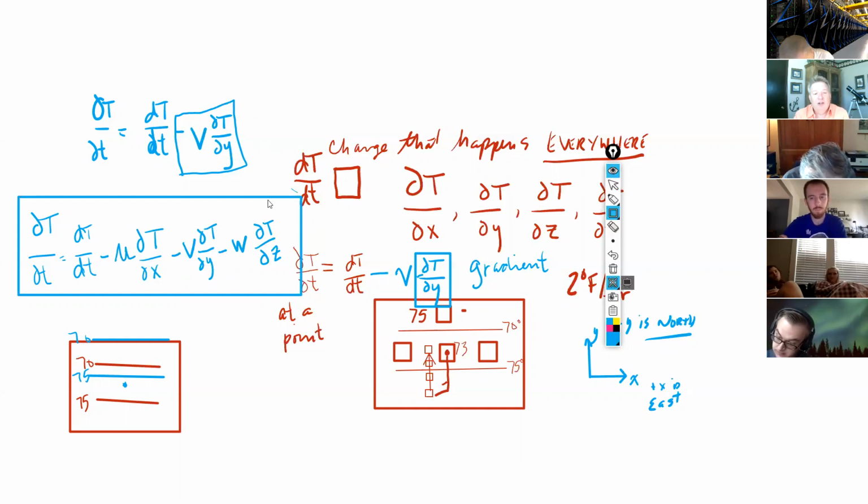By the way, notice that the vertical temperature gradient is actually nothing more than a lapse rate. So W ∂T/∂z is the lapse rate. Well, ∂T/∂z is the lapse rate. You're multiplying the lapse rate times the vertical velocity.